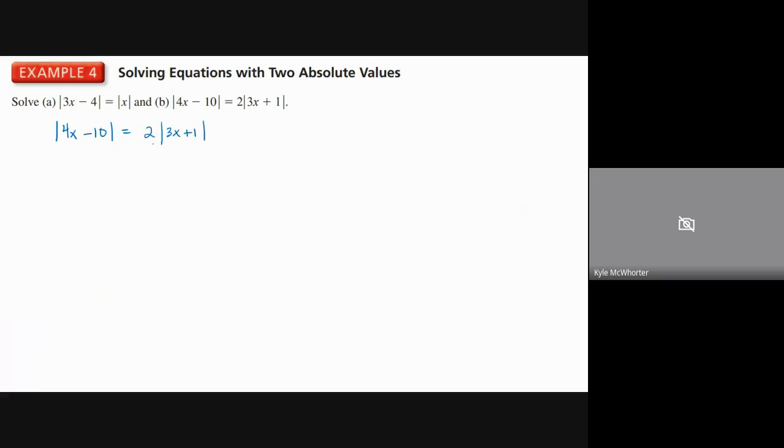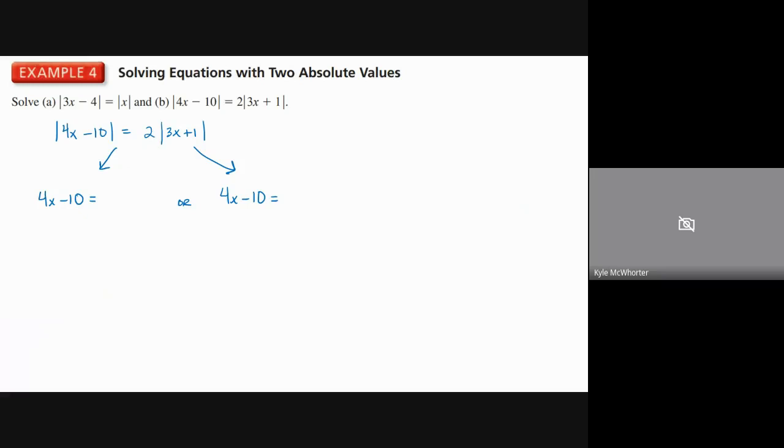So on this one, we have to be a little bit careful. We're still going to do basically the same process, right? We're going to write 2 different equations. One where the inside of the left is going to be the same on both, right? So 4x minus 10 equals.